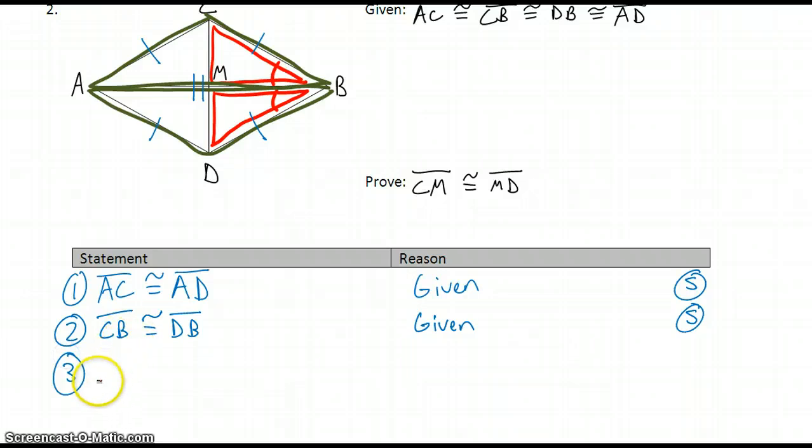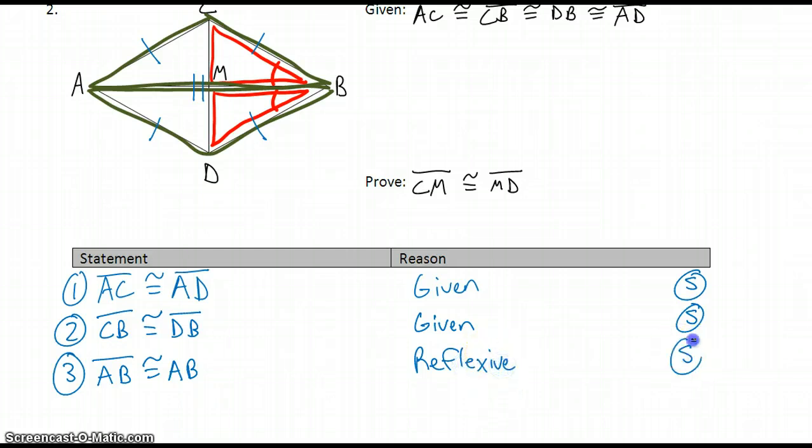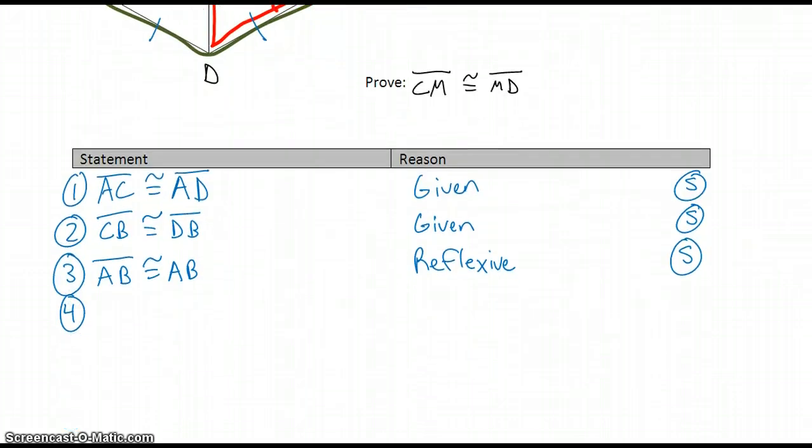Well, that third pair of congruent sides is going to be that shared side, AB. So my two green triangles will be congruent by side, side, side. Triangle ACB is congruent to triangle ADB by side, side, side.